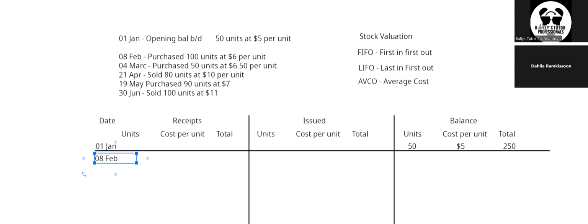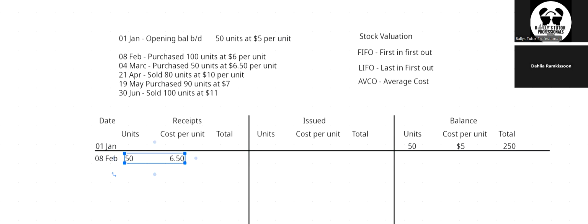I'll record the 50 units at $6.50 per unit. So the total value would be, just like what you did just now, 50 by $6.50, right? That is $325.